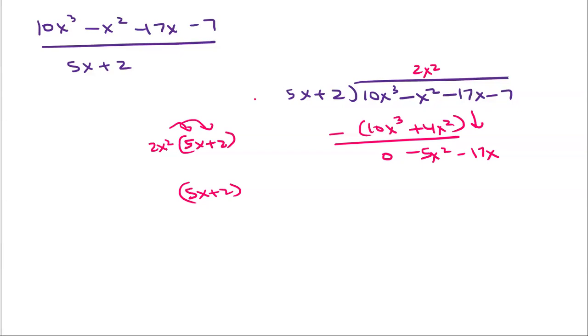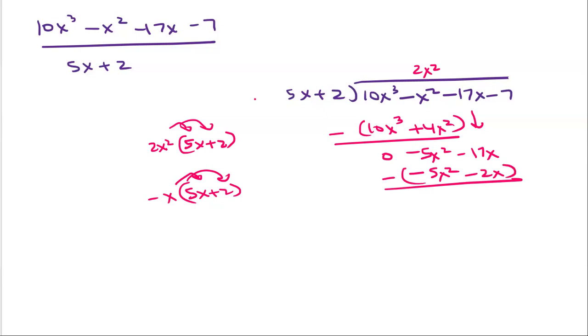It'll be a negative, because I have negative 5x squared, right? So I need a negative x. So negative x times 5x is going to give me a negative 5x squared, right? So again, I'm just multiplying each one. Negative x times 2 is going to give me a negative 2x.